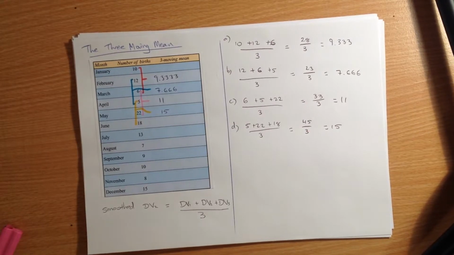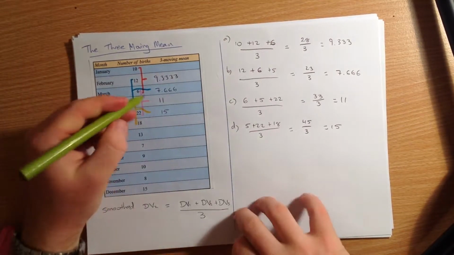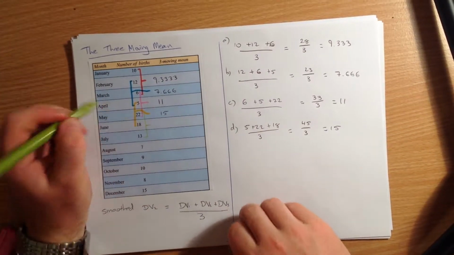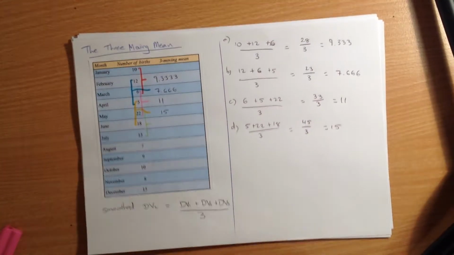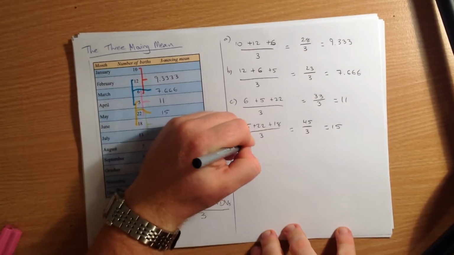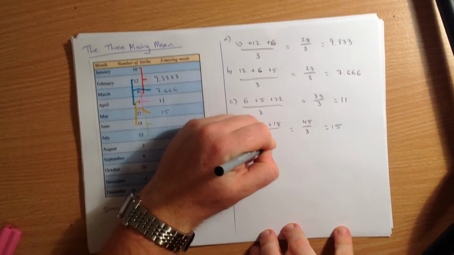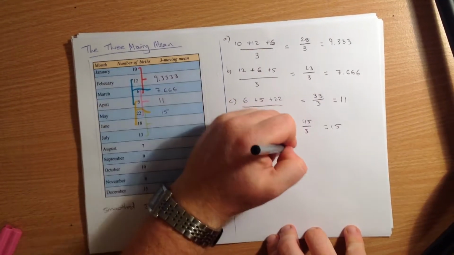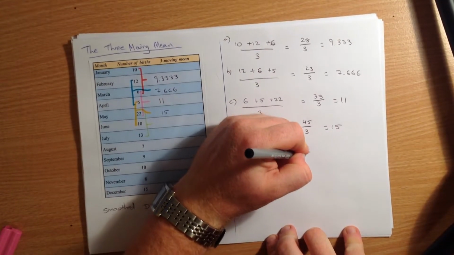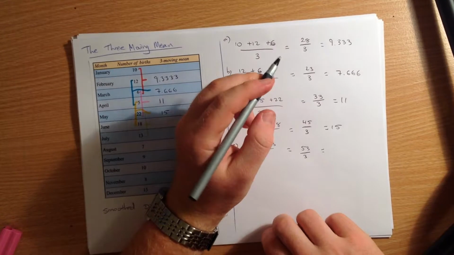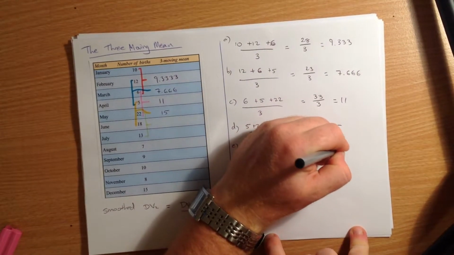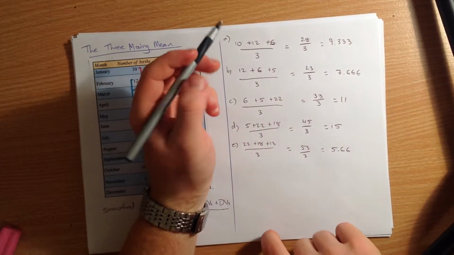And again, let's grab another colour. Let's smooth 22 and 18 and 13. 22 plus 18 plus 13 divided by 3. 22 plus 18 makes 40, plus 13 is 53 over 3, and just pop it in your calculator, why not? 65.66, no, that can't be right.